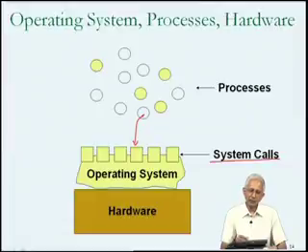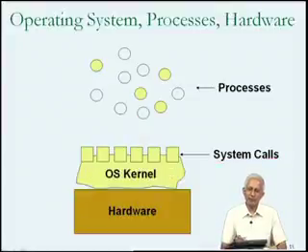Now, instead of referring to the other odd shaped box as operating system anymore, I am going to refer to it as the operating system kernel, since it is not the entire operating system. The system calls are also in some sense part of the operating system. The operating system kernel, as the name suggests, is the central, integral, important core content of the operating system. Some of the functionality of the operating system may be implemented elsewhere.